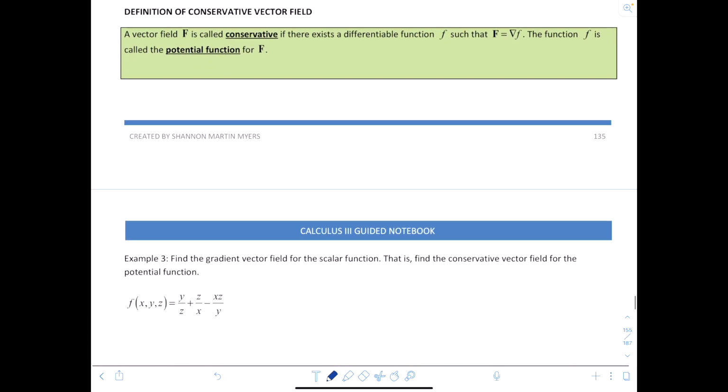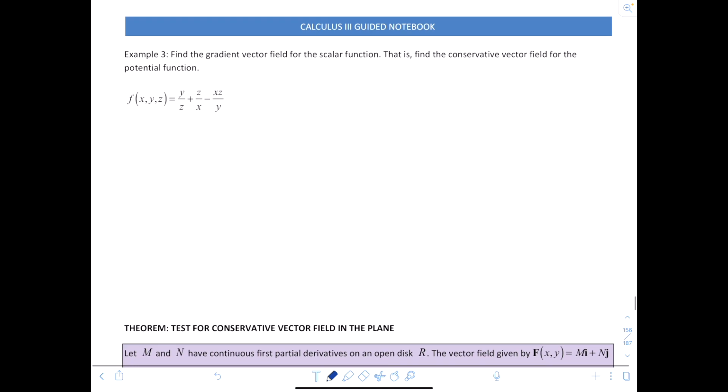All right, so example 3, let's find the gradient vector field for the scalar function. Another way to say it, find the conservative vector field for the potential function. So we have f of x, y, and z equals y over z plus z over x minus xz over y. So, let's find del f, right?